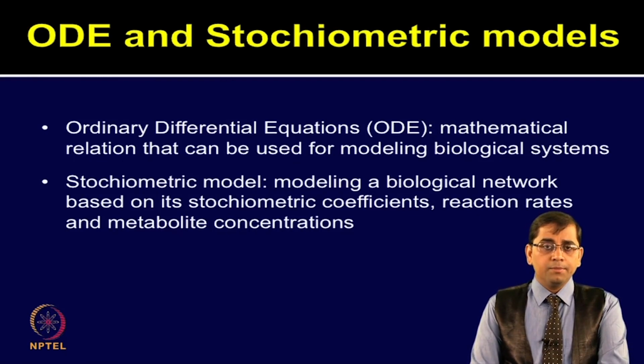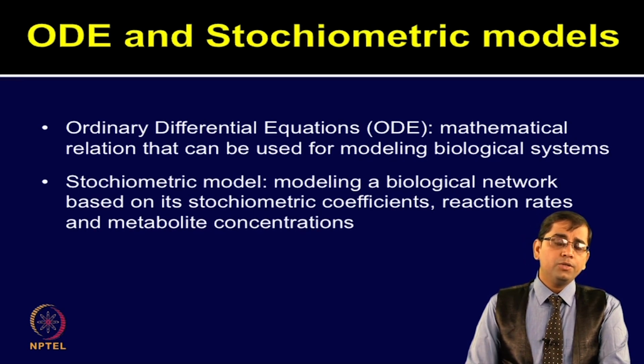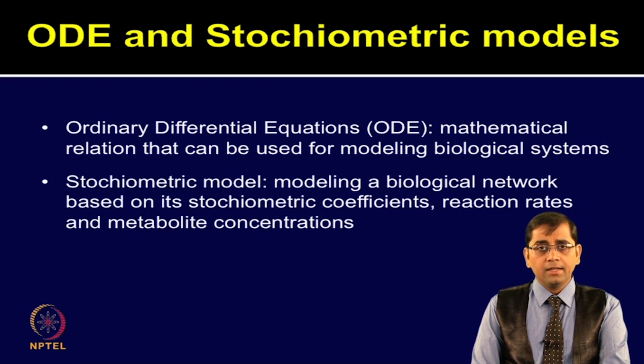What are ordinary differential equations and stoichiometric models? The quantitative analysis measures and names to make models for precise kinetic parameters of a system's network components. It also uses properties of network connectivity. The ODE is a mathematical relation that can be used for modeling biological systems. The quantitative models mostly use ODEs to link reactant and product concentrations through the reaction rate constant.